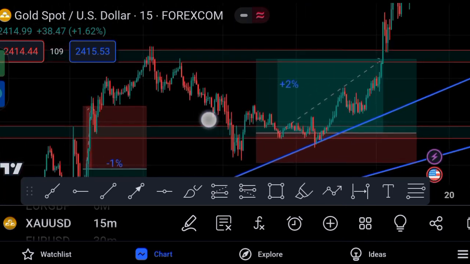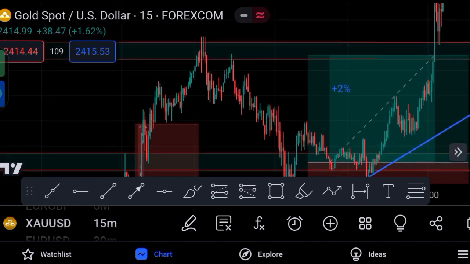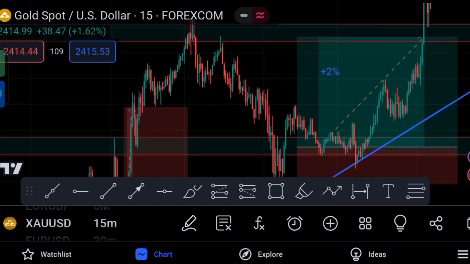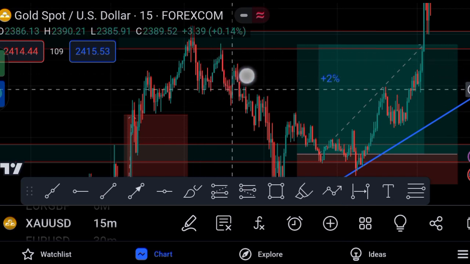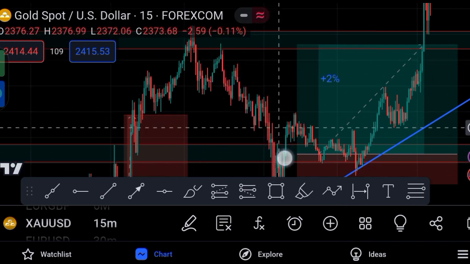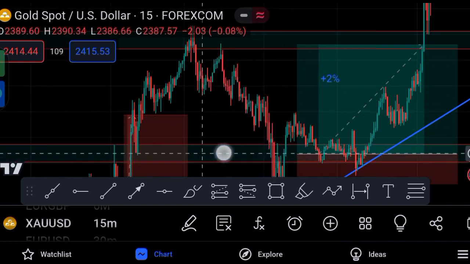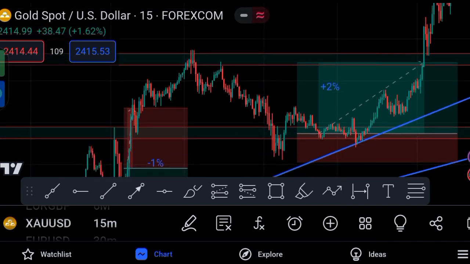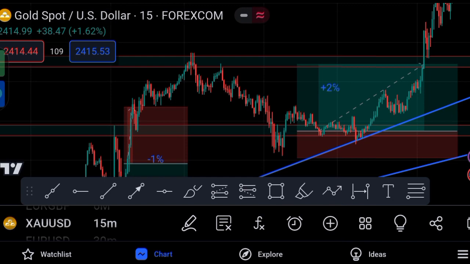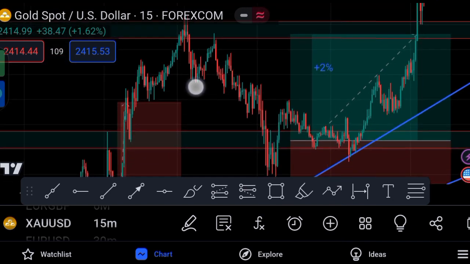In the 15 minutes time frame, you can see that it was trending down, down, down to this zone. Remember, this is my zone, right? Once it got here, the way it was trending down was, it was making lower lows and lower highs.